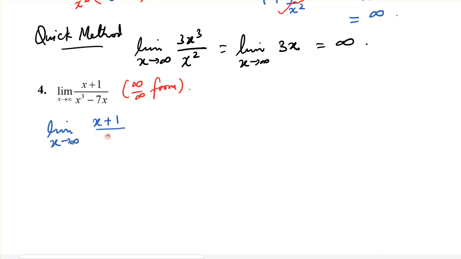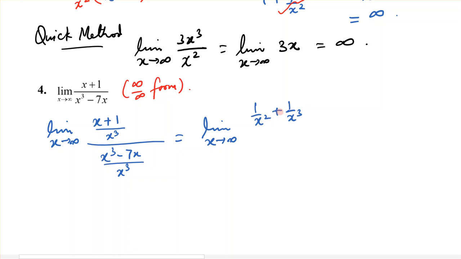I'm just going to write divide by x cubed here, and also divide the denominator, x cubed minus 7x, by x cubed. We get the limit as x approaches infinity, x over x cubed is 1 over x squared plus 1 over x cubed in the numerator, and in the denominator we get 1 minus 7 over x squared.